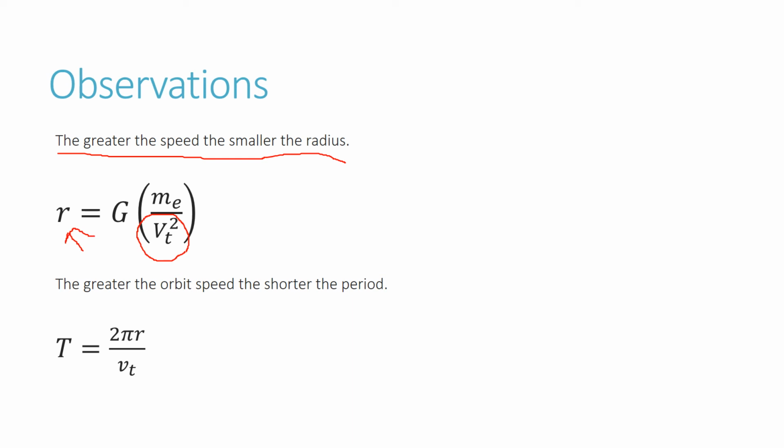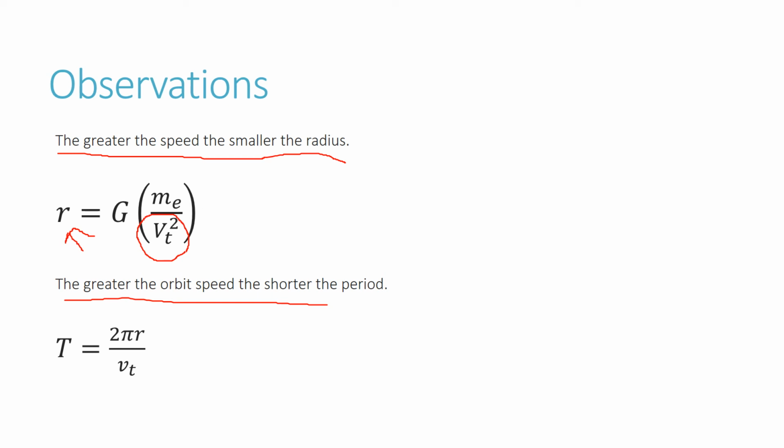The speed is also squared, so that definitely means the speed goes up, because the mass of the Earth isn't going to change and the g isn't going to change. So as the speed increases, the radius is just going to get smaller. Now, for that part B, you can also notice that if the speed decreases, the radius is going to get larger.